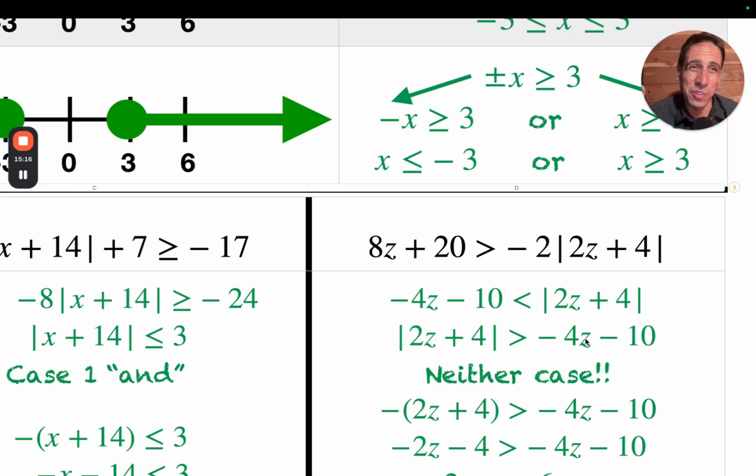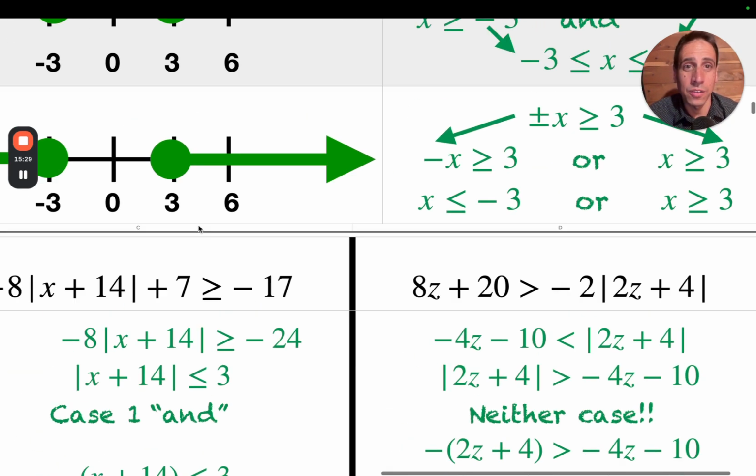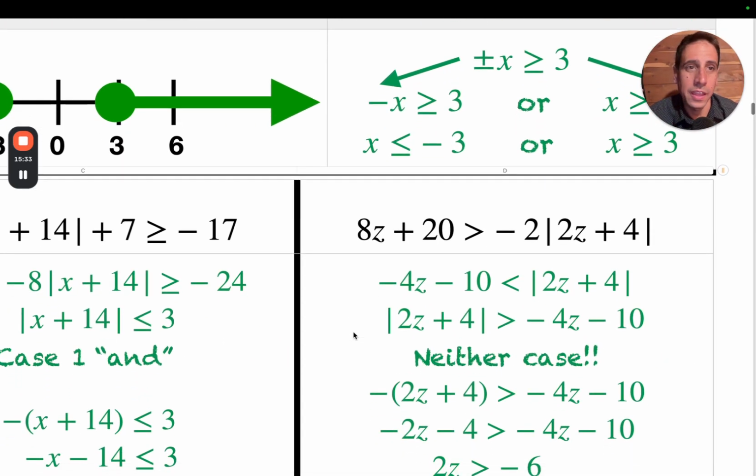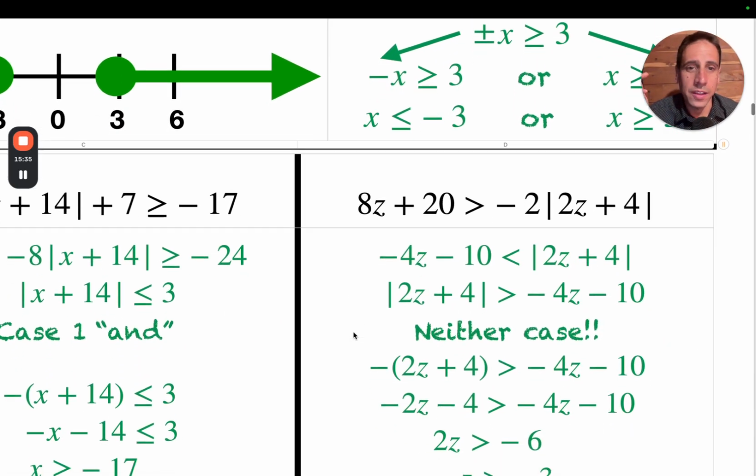We've got a variable over here, and that's just going to make things more complicated than either case 1 or case 2 is able to recognize. So we can't reasonably say that the answer is going to look like this or like this. It's going to be something different. Anyway, not case 1, not case 2.